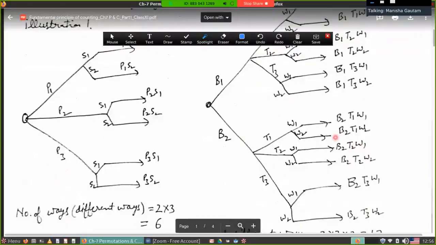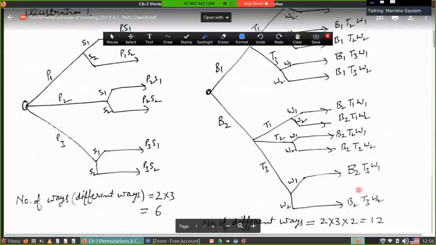If you take the second bag with the 3 tiffin boxes and 2 water bottles, you will get B2, T1, W1 as the first case, B2 T1 W2 as the second case, B2 T2 W1 as the third case, and similarly you will get different cases which I have plotted here with the tree diagram.